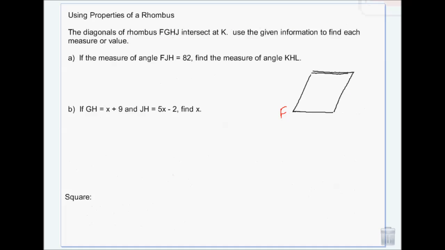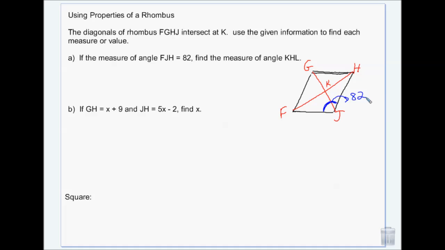Okay, I have a rhombus, FGHJ, and the diagonals intersect at K. So there are 2 diagonals that intersect at K. And I'm going to find the measure of angle, okay, so the measure of angle FJH. That's this entire angle is 82.